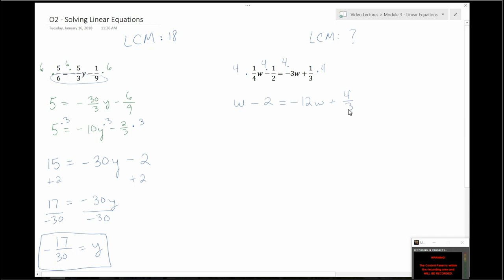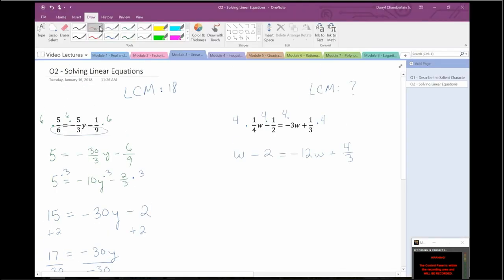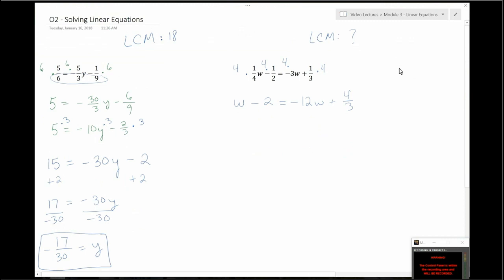All right, well, looks like we'll need to multiply again because I didn't get rid of that 3. So this time I'll multiply everything by 3. And what that tells me is my least common multiple is 4 times 3.